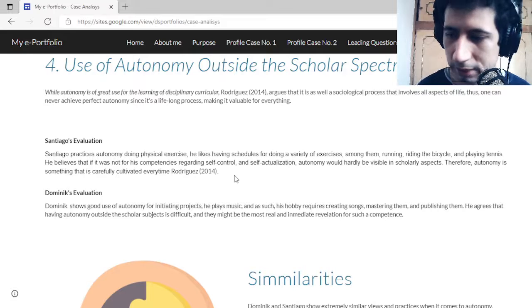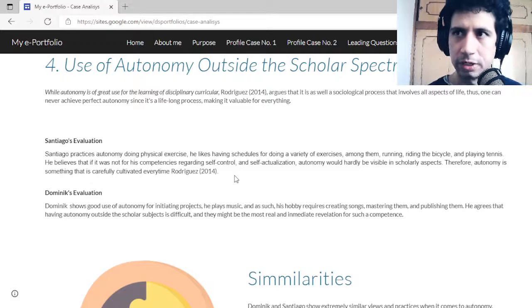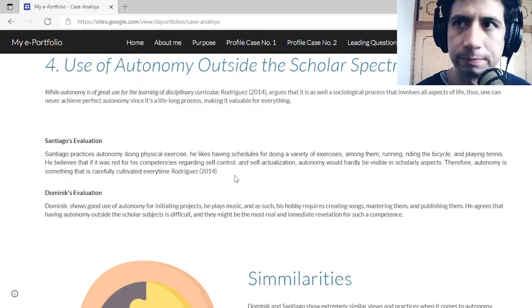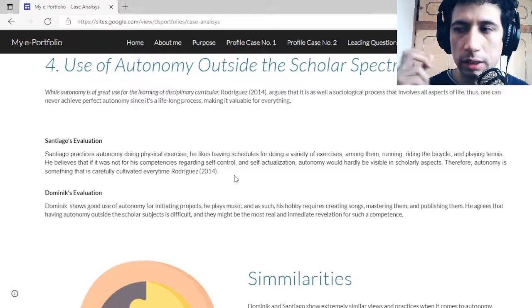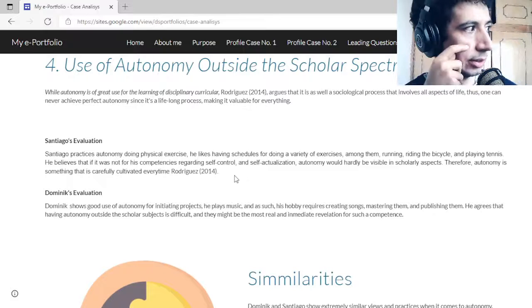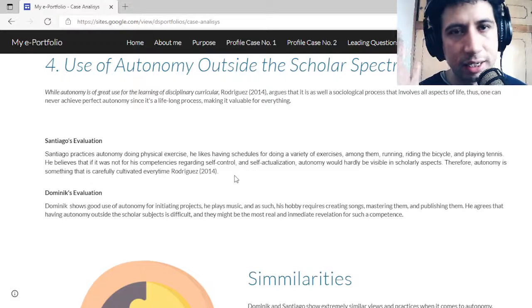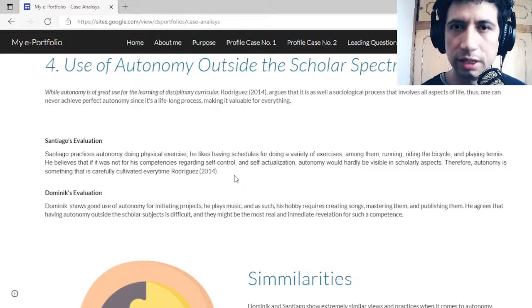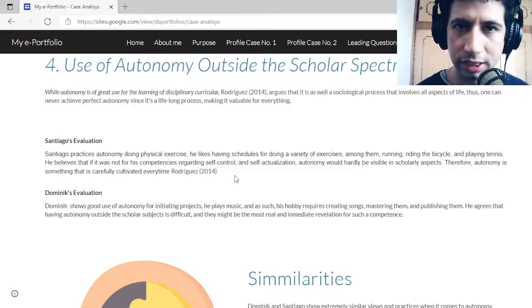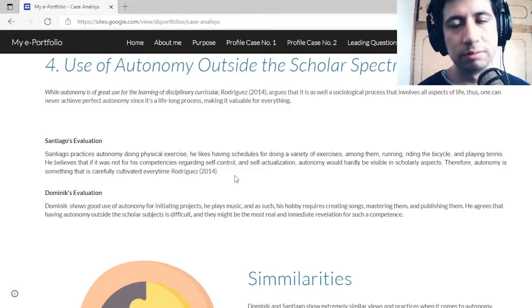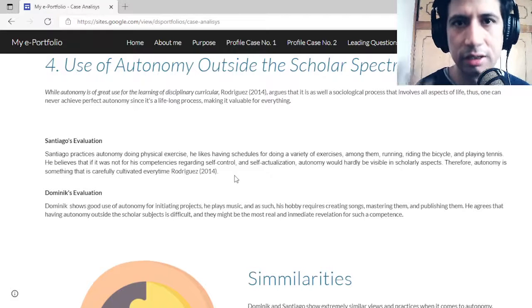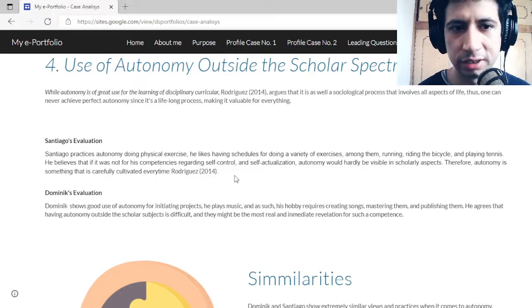For example, Dominik told me that he liked to learn vocabulary, but he just learned the word. For example, mesa, comedor, ventana, and so on. But I told him it is important for you to learn that with context. So make a small sentence, and there's a better chance that you're going to have a better learning experience.